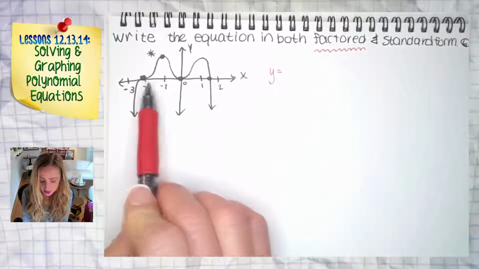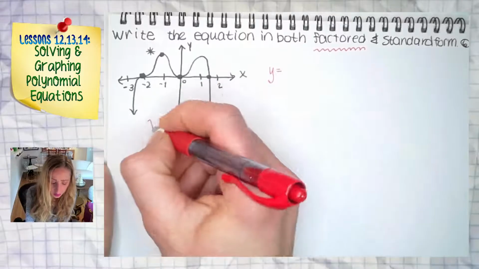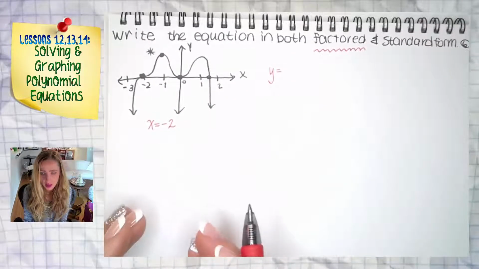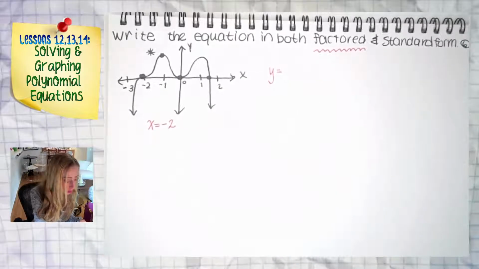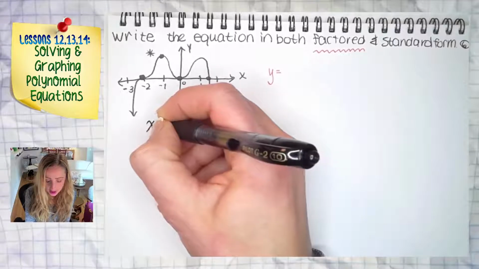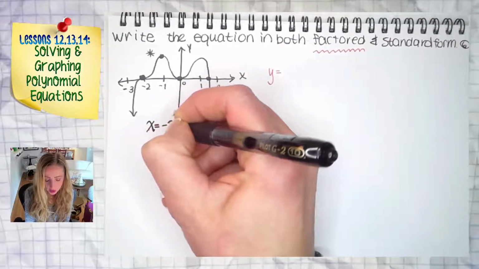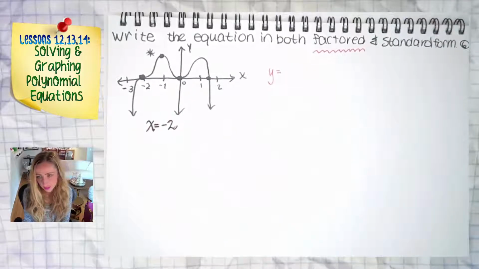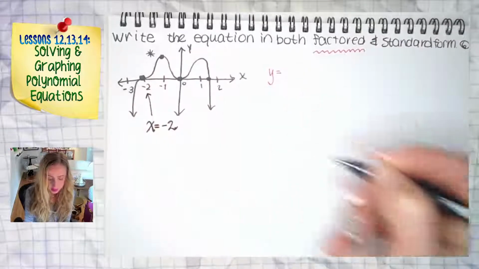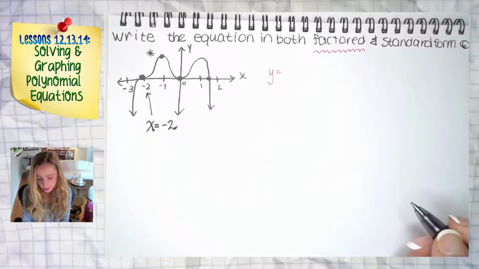So they give us our x-intercepts. If x equals -2 identifies for us a zero or an x-intercept, how do we change that backward into the factor? So x equals -2, I'm addressing that spot right over there.